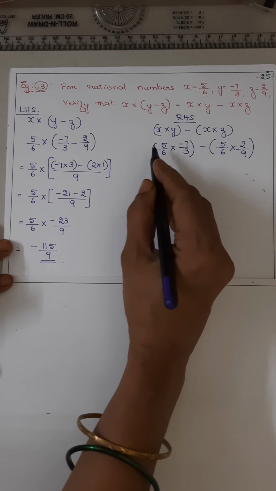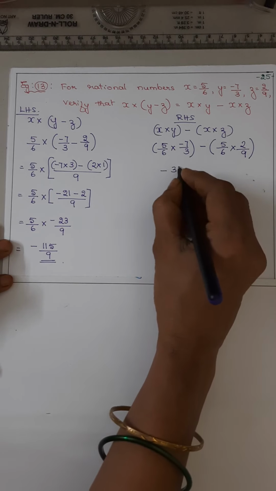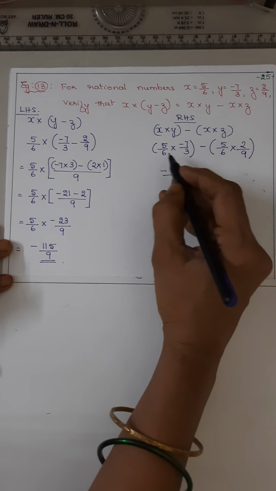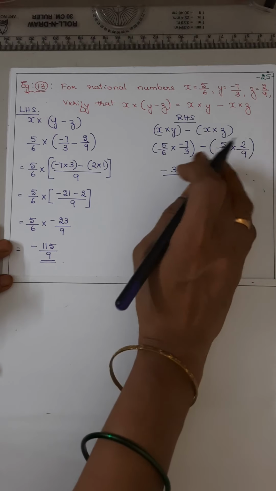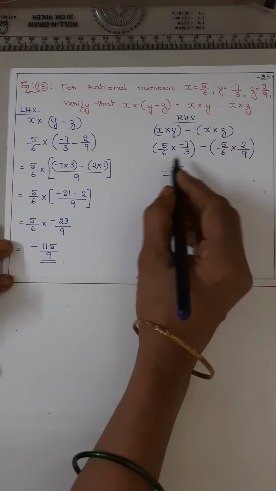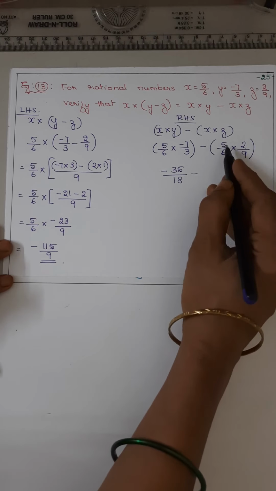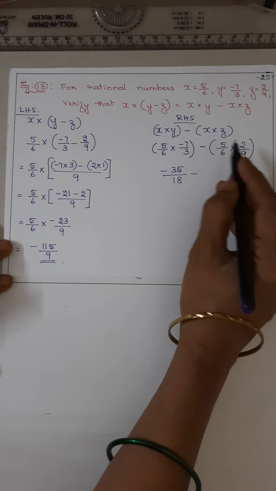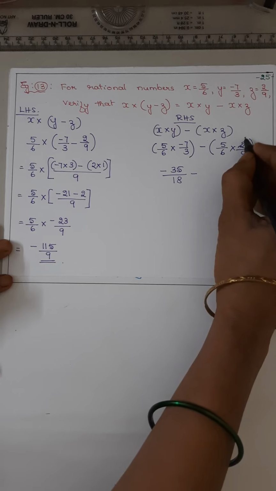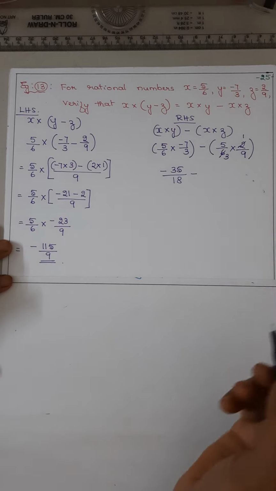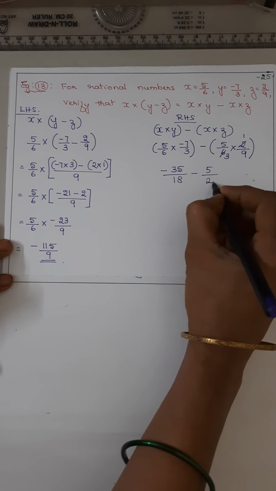So multiply and write, plus minus minus, 7 5s are 35 upon 6 and 3 सेम टेबल में है लेकिन कैंसलेशन नहीं होगा क्योंकि डिनोमिनेटर में है दोनों, 6 3s are 18. अभी माइनस 5 and 6 not possible, 5 and 9 not possible, 2 and 6 possible, 2 1s are 2, 3s are. Now 5 1s are 5, 3 9s are 27.